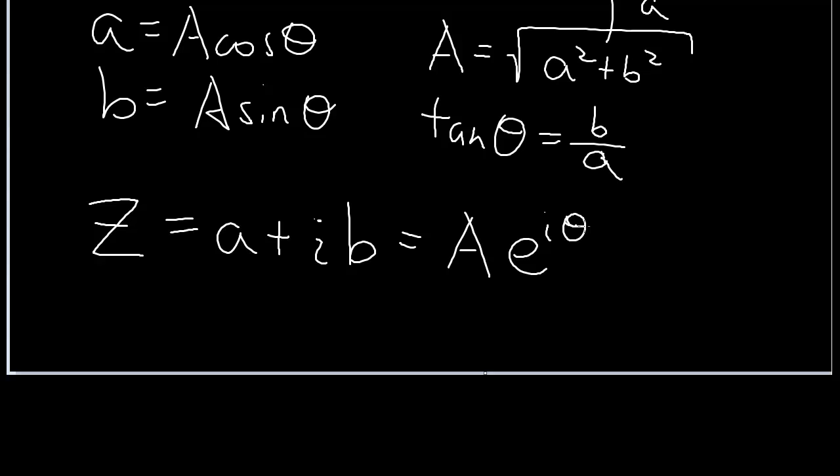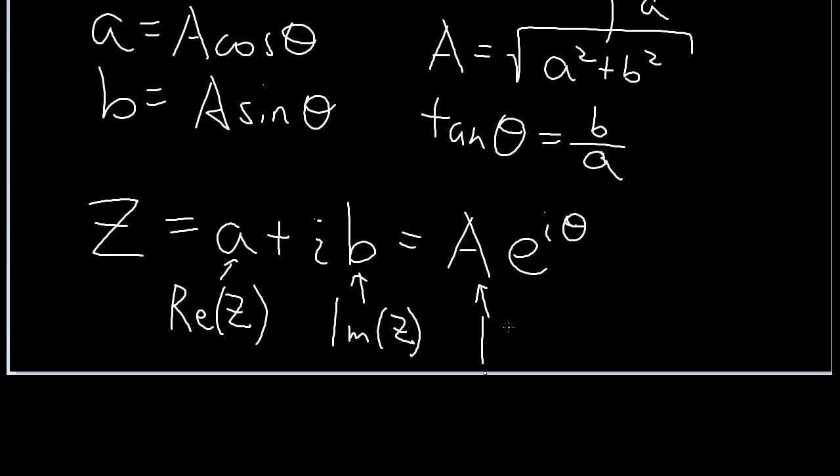This here, the real part, it's the real part of z. This is the imaginary part of z. This here we call the magnitude of z, or usually what we say, the absolute value. And this here we call the argument of z. So some names and vocab, but let's really quickly do a couple examples of converting from one form to the other.